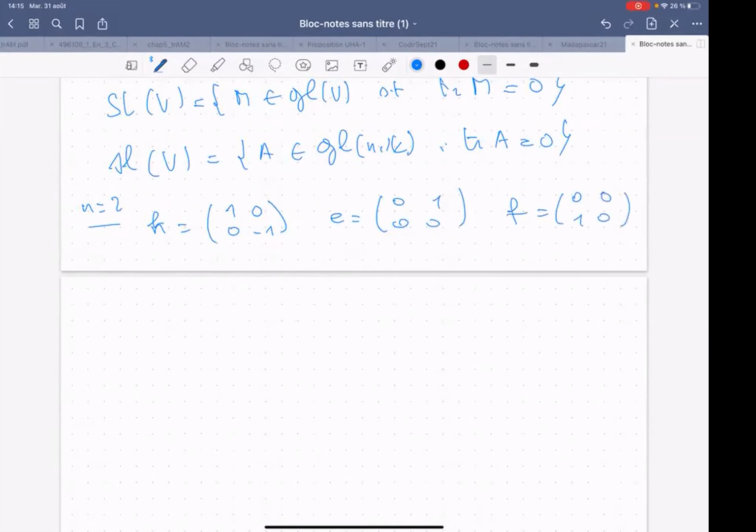This is called sl_2, and this is a semi-simple Lie algebra, and the brackets here are given by [H,E] equals 2E, [H,F] equals minus 2F, and [E,F] is H. Okay, then this is an interesting example. Now we started with an associative algebra and got a Lie algebra by taking a commutator.